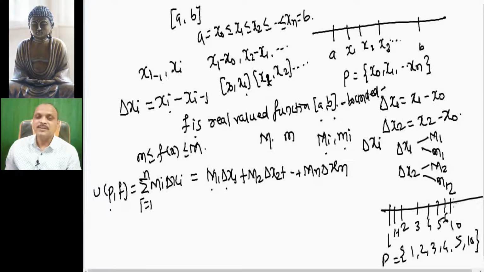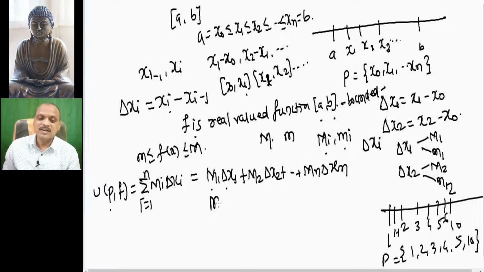Here we have taken a particular partition P, and in that partition capital Mi and small mi are the supremum and infimum. Therefore the upper sum over the partition P of the function f is denoted by U(P, f) equal to the summation of capital Mi into delta xi.